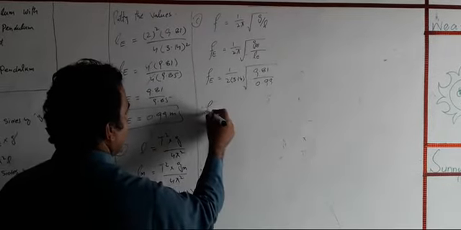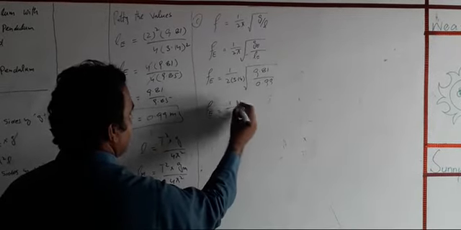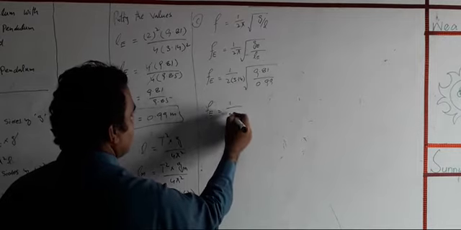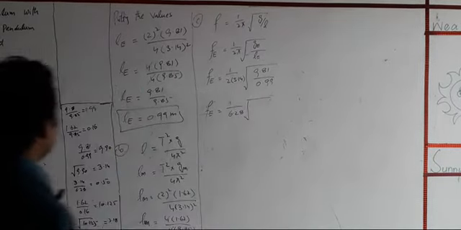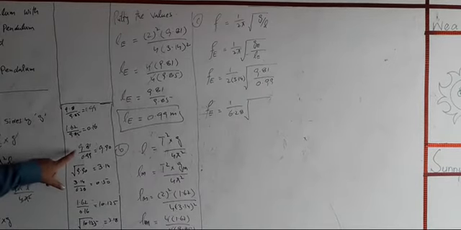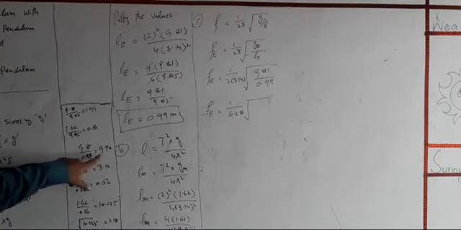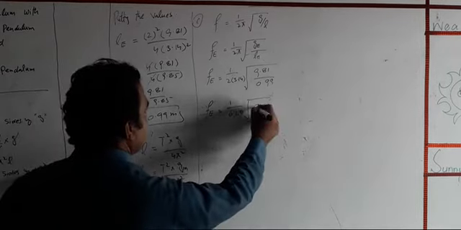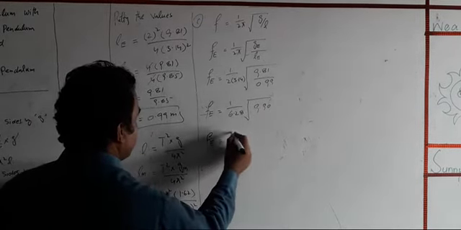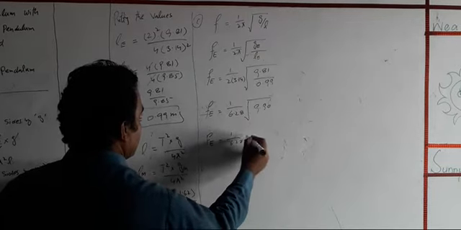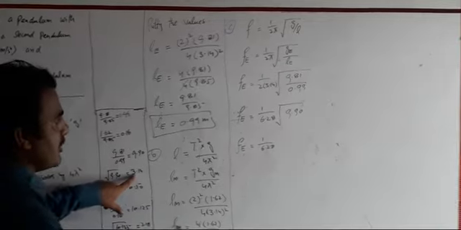So frequency on earth equals 1 divided by, multiplying these two terms will give us the answer 6.28, while dividing these two terms, I have already divided it, 9.81 divided by 0.99 gives us 9.90. Square rooting 9.90 will give us the value of 3.14.